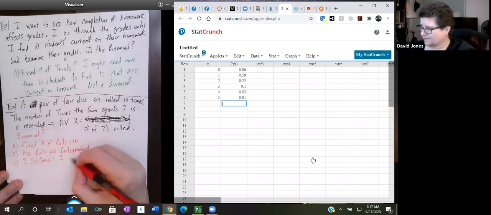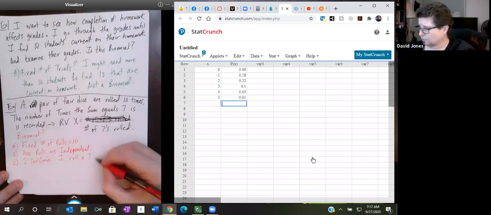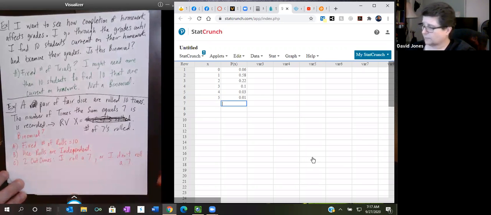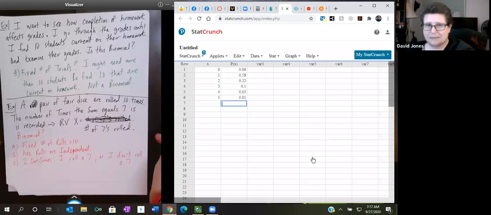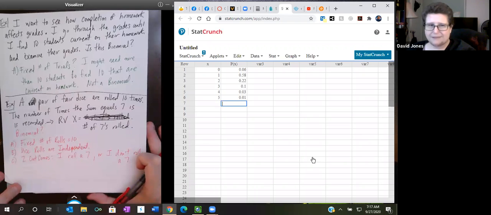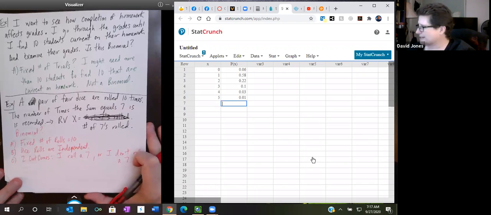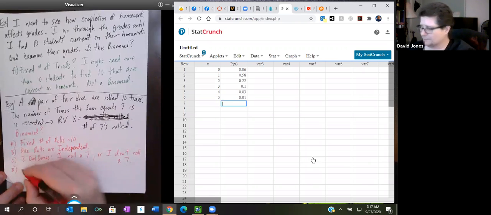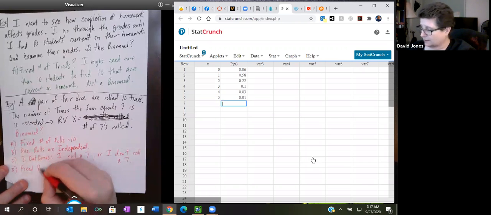I roll a 7 or I don't roll a 7. If I had decided to keep track of every roll and what the value was, it would not be binomial. But in this case, I'm just recording 7s versus non-7s. So that one works. And finally, D, is there a fixed probability of getting a 7?